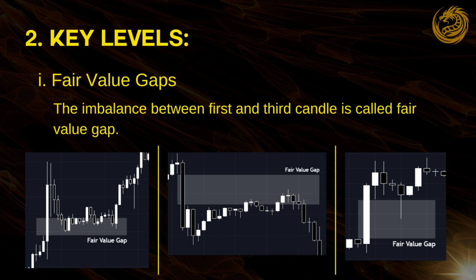And why does this imbalance occur? So basically this imbalance occurs because there is a sudden surge in buys or sells when the price reaches a certain zone. And once this fair value gap occurs, and after the price reaches again into this fair value gap, it will immediately bounce back.